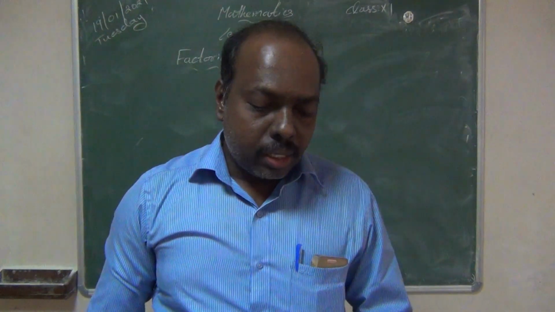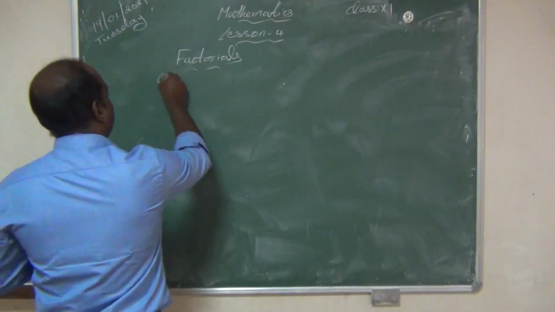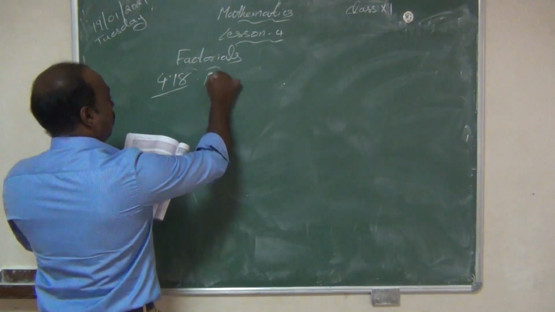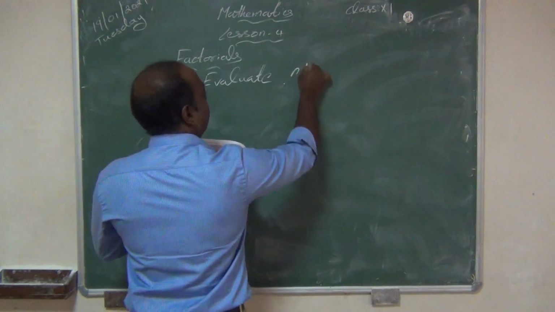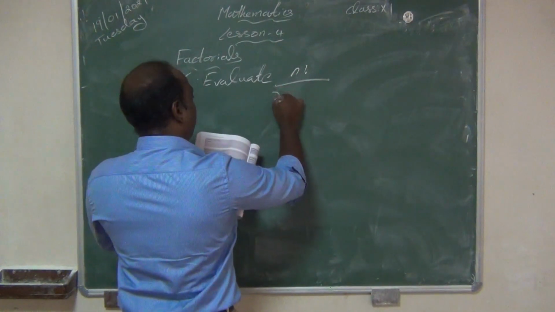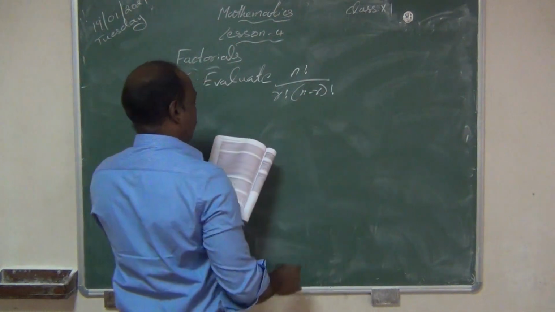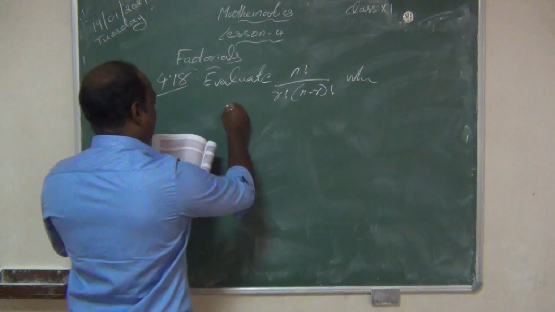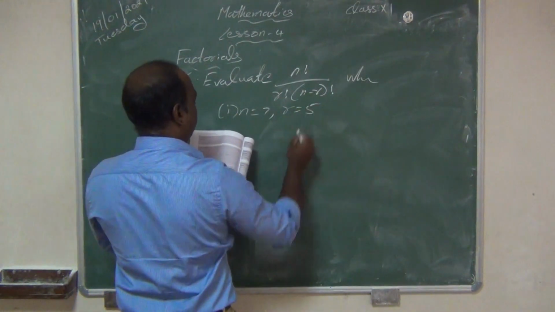Now next example 4.18. Evaluate n factorial divided by r factorial into n minus r factorial when: first part, n equal to 7, r equal to 5.